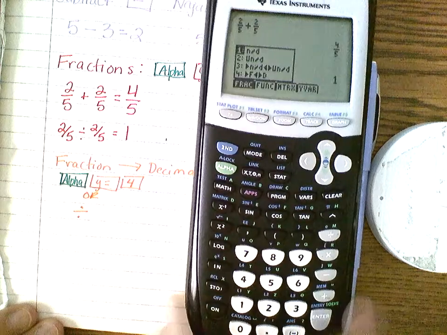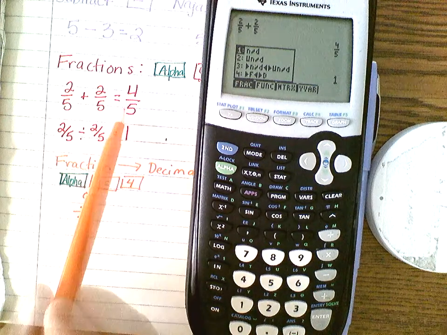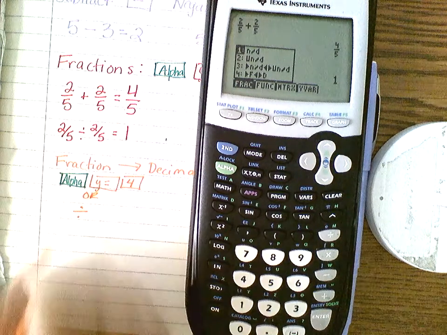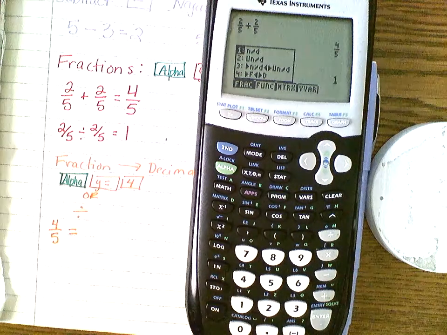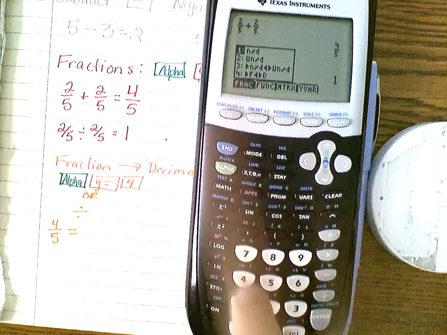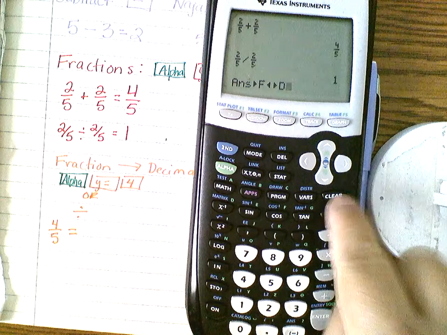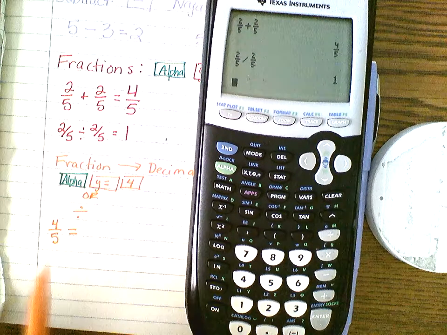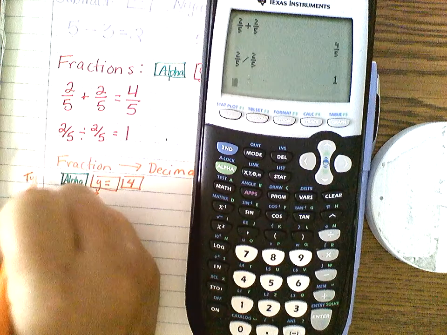So let's take a look at that. So I already have my alpha y equals. I'm going to take this 4/5, and I'm going to turn 4/5 into a decimal. So I already have my alpha y equals in. I'm going to pick 4 for fraction to decimal. And oops, I didn't put my fraction in. I'm so sorry. Let's back up. So first of all, you put your type in fraction.